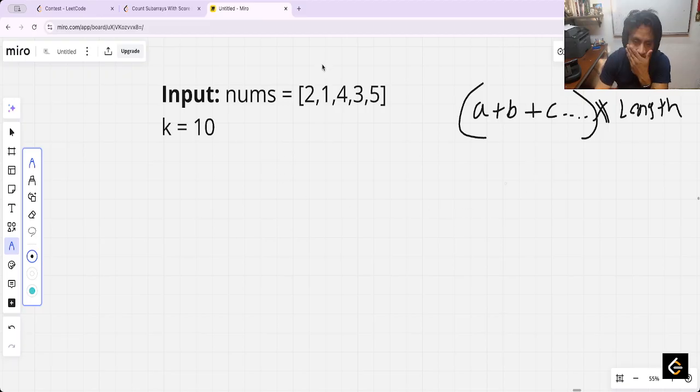Now, for this, I think this sounds like, what is the name of this algorithm or technique? Prefix sum, you know, the prefix sum to calculate the numbers or the results.